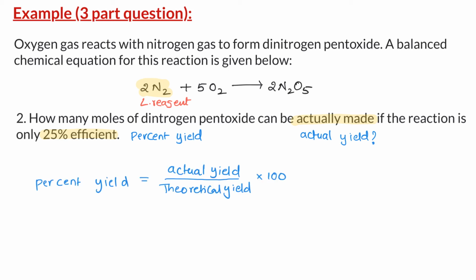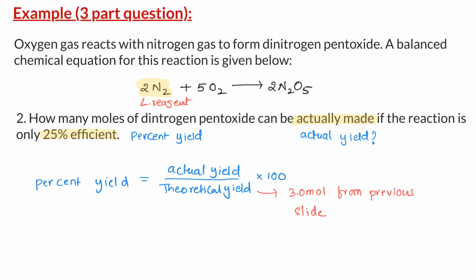We know that the percent yield is equal to the actual yield divided by theoretical yield times 100. And we already calculated the theoretical yield in the previous problem, which is 3 moles of N2O5.